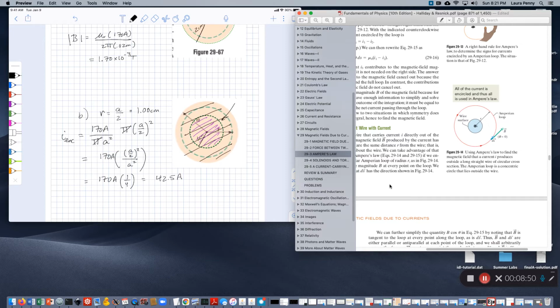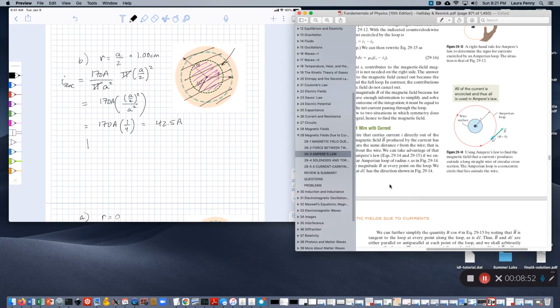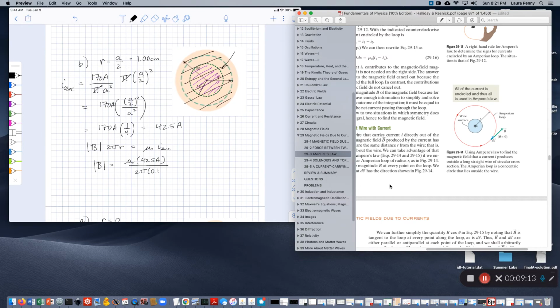That's the hardest part of this problem, because then once again we're left with the magnetic field times 2 pi r is mu naught I enclosed. So the magnetic field strength is mu naught, and now our current which is enclosed is 42.5 amps over 2 pi, and then we're at an r of 1 centimeter.